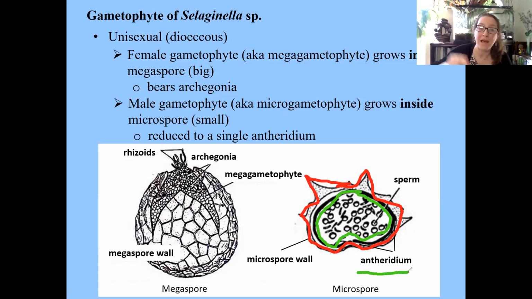So the male gametophyte plant now consists only of a single antheridium. And as Dr. Casper, who taught this class before me, used to always say, it's kind of like testicles in space, because each male gametophyte plant now is basically like one testicle, and it's inside of a microspore. And that's why the microspore can be so small, because all the male gametophyte has now is one antheridium.